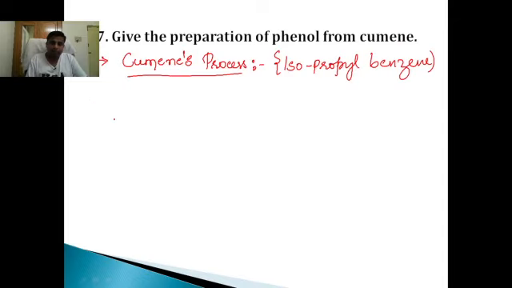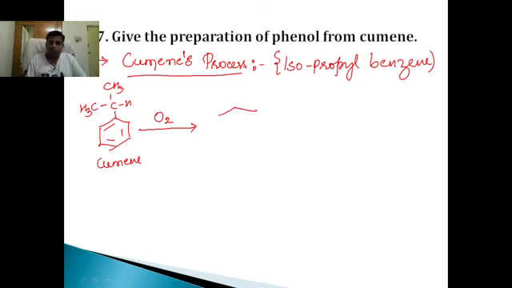Write it like this: benzene ring, CH3, CH3. When this cumene is exposed to air, it will undergo aerial oxidation to form cumene hydroperoxide. How? CH3, CH3, OOH.